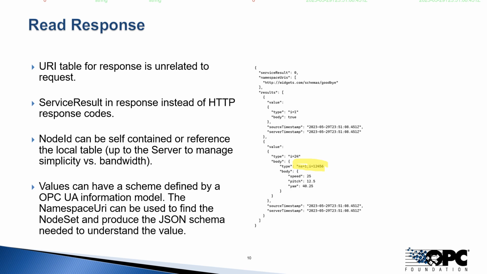And obviously, the reverse process also allows clients to get information that they can use to send information to the server in the format or the structures that the server expects.